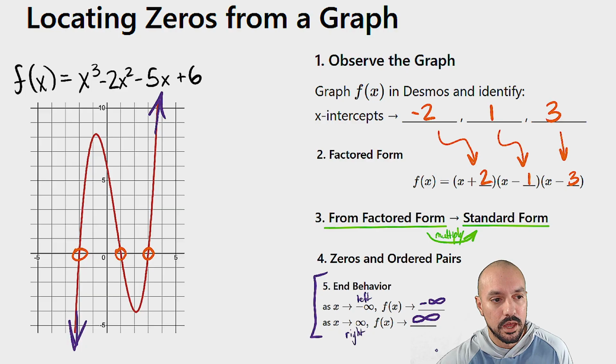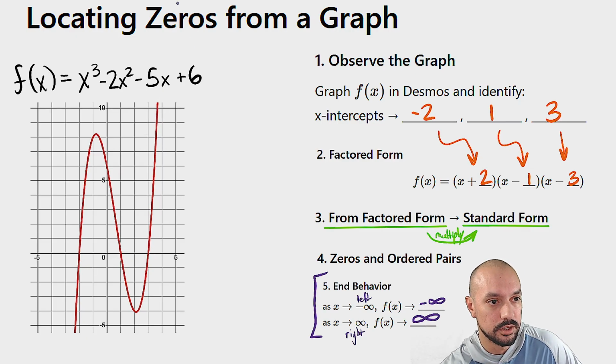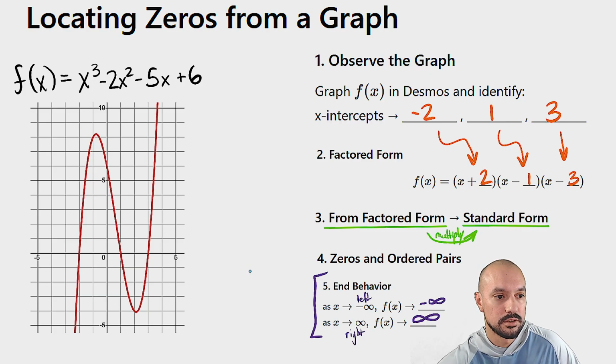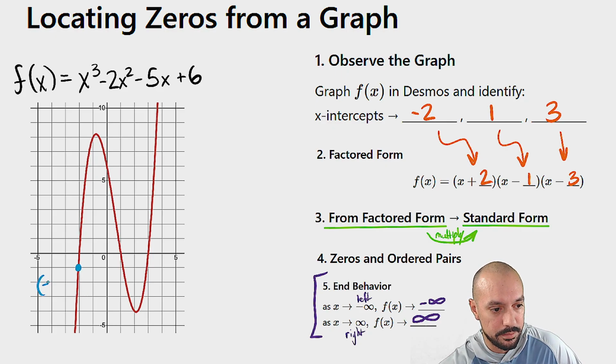All right. Let's say you only have the graph and you want to predict where the zeros and the ordered pairs are. One thing you can do is look at the ordered pairs as they approach zero. For example, if I estimate this point here, it's at -2, -1.